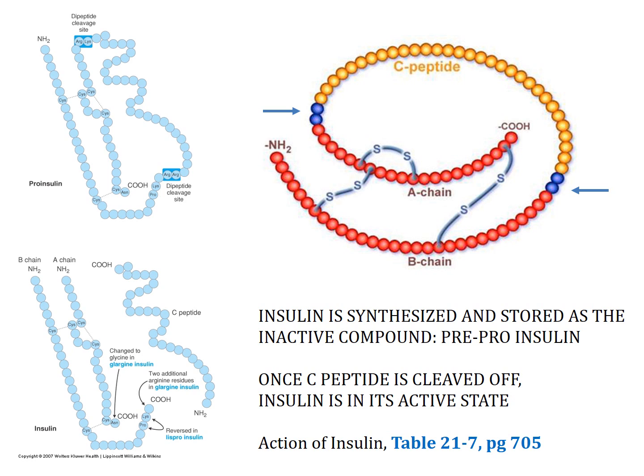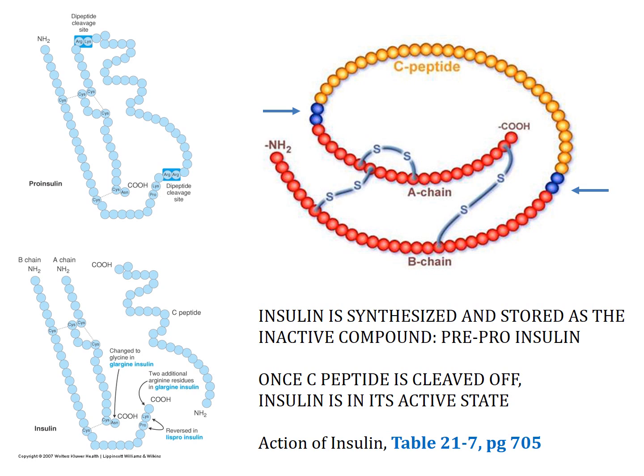And then what's left are these two chains, the alpha chain and the beta chain, hooked together by those sulfur-sulfur bonds on the cysteine amino acids, and that is active insulin. So we make it as an inactive form referred to as pre-proinsulin, and then when we need it, we cleave off that C-peptide and release insulin as the active compound.